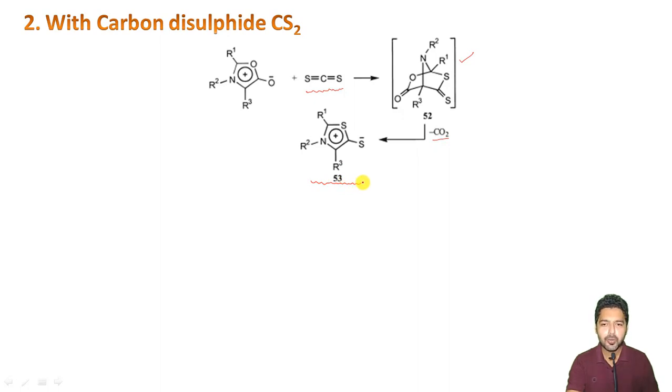And you can notice here that if we want to name this molecule, because it looks like a mesoionic type of molecule, we can do it like this, means instead of oxygen we are having a sulfur here. Okay, so instead of numbering it from this direction, we will be numbering it from the other direction, because in doing so, this is having number 1, number 2, the nitrogen here is getting the lower number, that is 3.